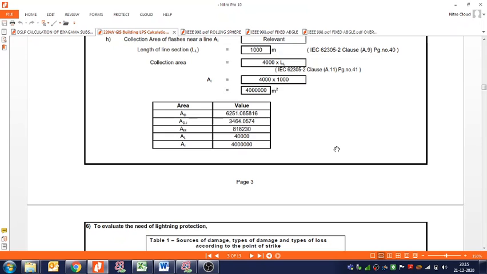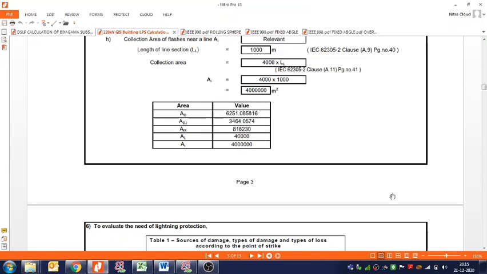So if we overall take so far, we take input as the thunderstorm days per annum. Thereafter we calculate the lightning density, 0.1 into TD, by this formula, and we calculate the collection area.